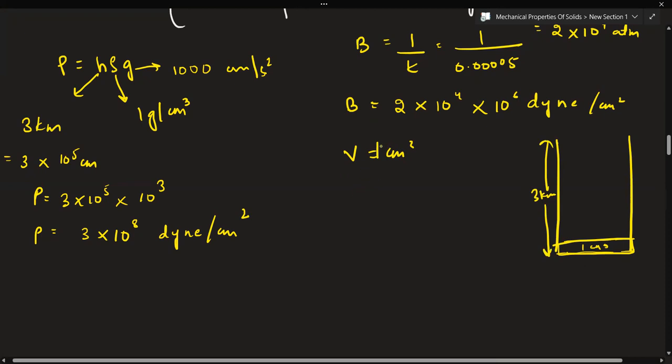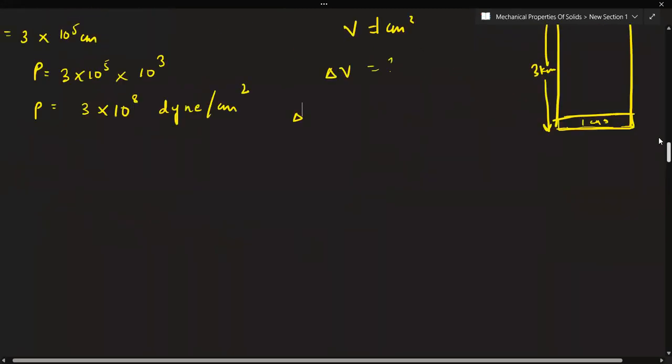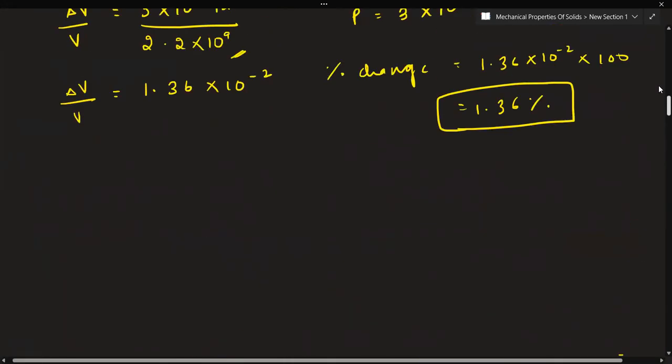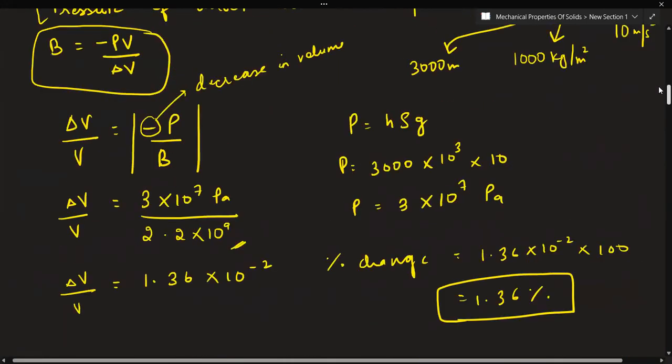Now we have all the data to calculate delta V, meaning change in volume. We have to find this out. Bulk modulus B is basically this. This is the formula for bulk modulus. So delta V would be minus PV by B from the formula which we have studied.